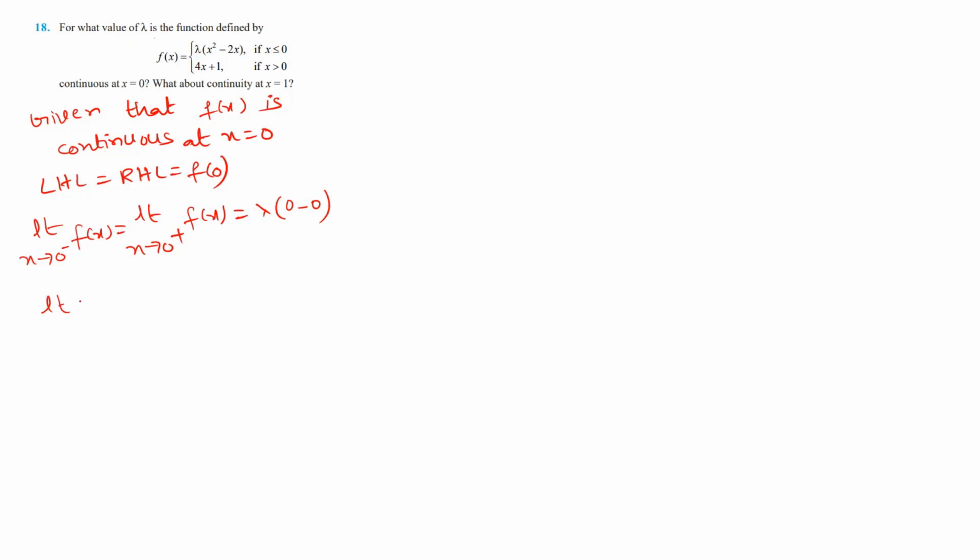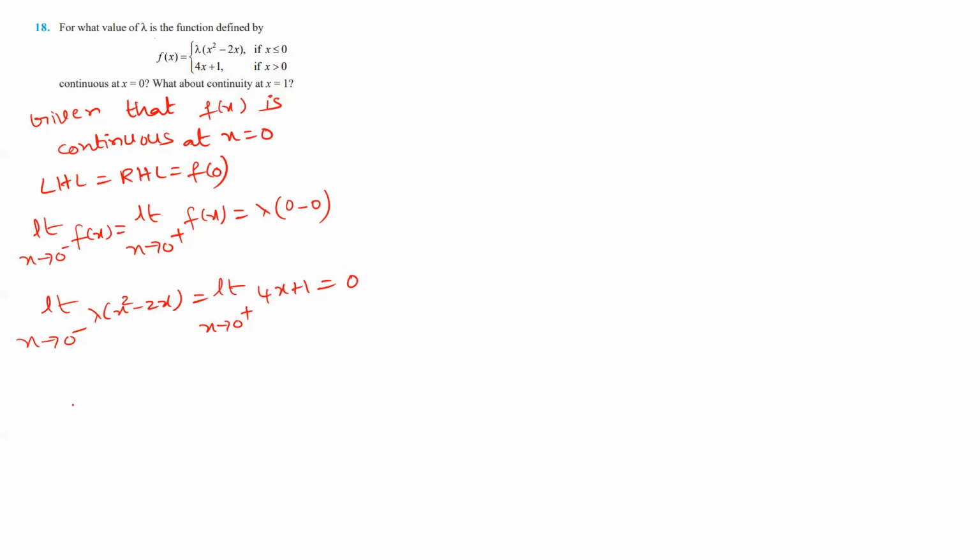So limit x tends to 0 minus, 0 minus means less than 0, so we have to substitute lambda into x square minus 2x here, which is equal to limit x tends to 0 plus f of x. So 0 plus means greater than 0, we will take 4x plus 1 here. Okay, which is equal to lambda into 0 minus 0, which is 0. 0 into lambda is 0 only here.